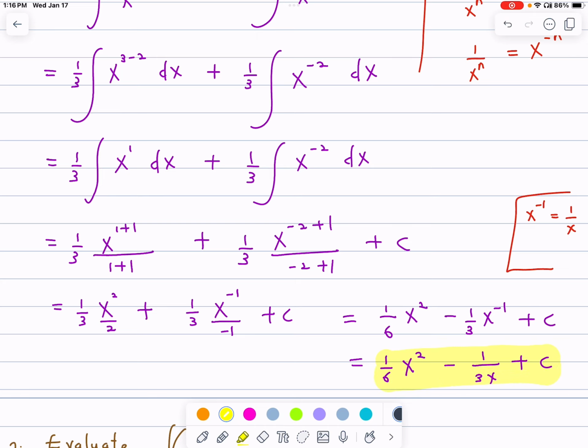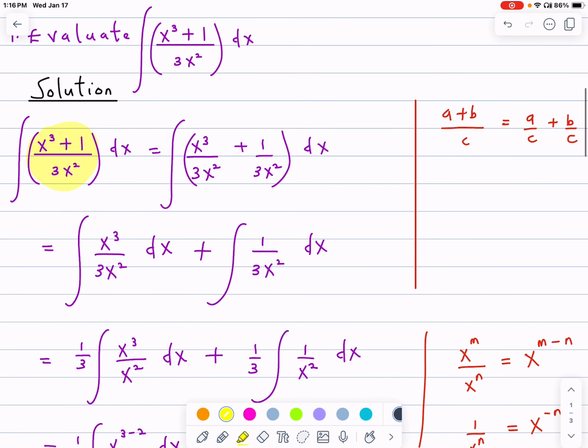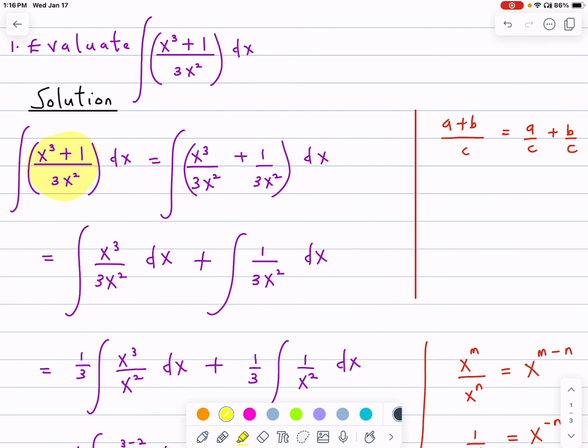Okay. So I'm just going to go over this again. What I did was I split the integrand into two parts, and then I applied the rule of integration, which is the integral of a sum is the sum of the integrals.